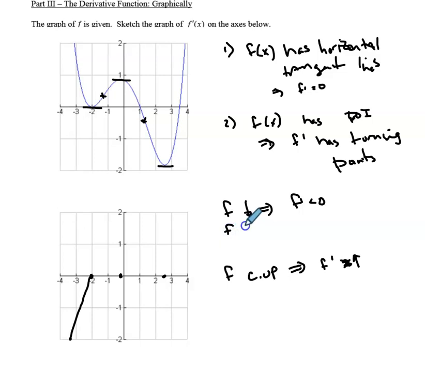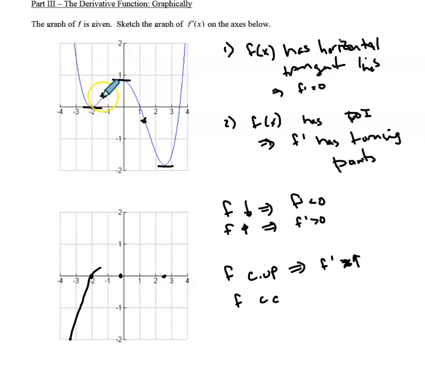If f is increasing, the slope of f, or the derivative, is greater than 0. And if f is concave up, excuse me, I'm still on concave up, f prime is still increasing. So I need a little section between -2 and about -1.25 where my derivative is positive and increasing. My next section of the graph, my function is still increasing, so my derivative is still positive, but now my function has turned to concave down.